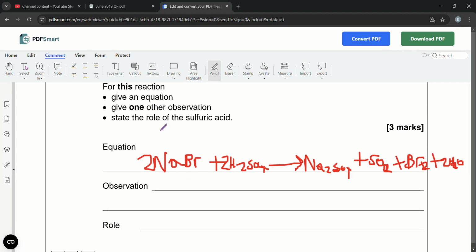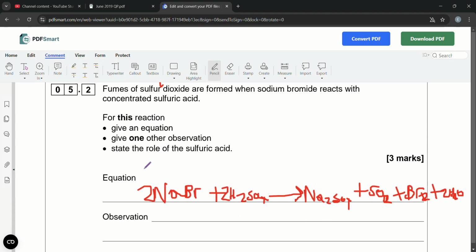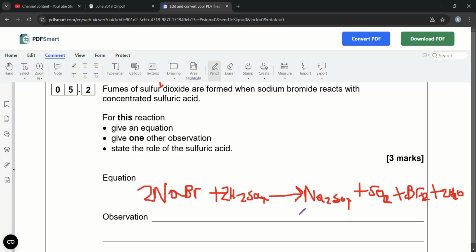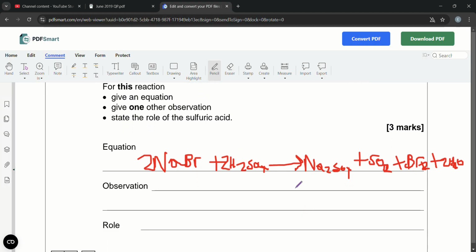Give one other observation. Well, because we're forming bromine, it's going to be a brown gas.